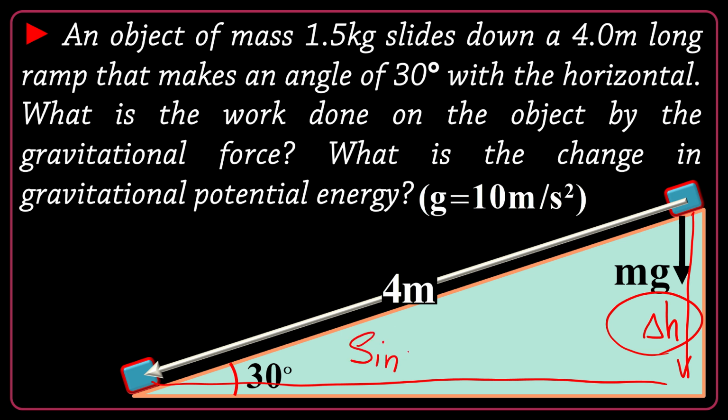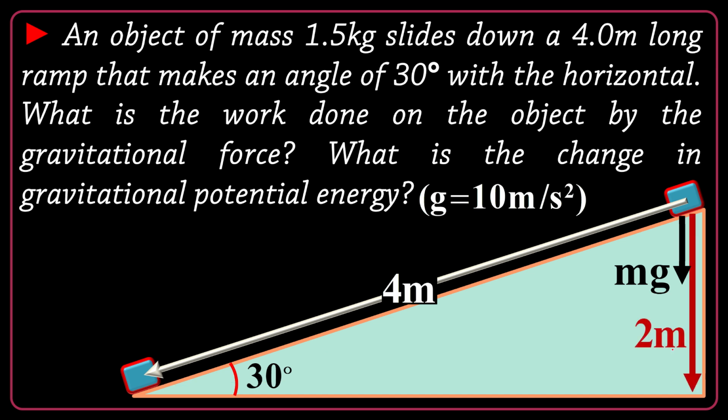I use the sine function. Sine of 30 degrees is opposite divided by the hypotenuse. Sine of 30 is a half, so delta H is a half times 4. It's 2 meters. So the object really goes down for 2 meters. This is the effective displacement.